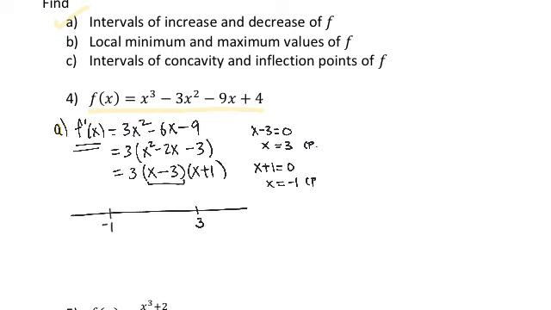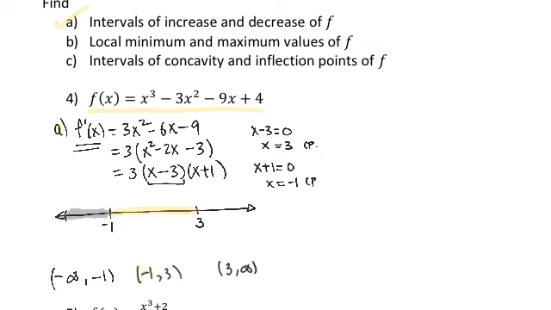Now that divides up my number line into intervals. I have an interval from negative infinity to negative 1, then an interval from negative 1 to 3, and then an interval from 3 to infinity.